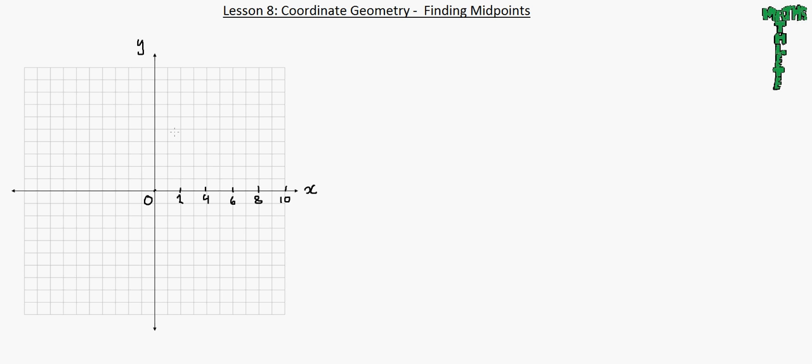And let's only use one side of the axis, one quadrant of the axis. This is 2, 4, 6, 8, 10.